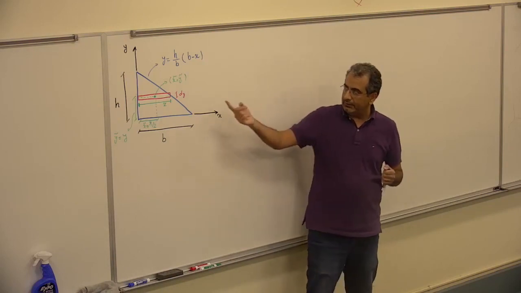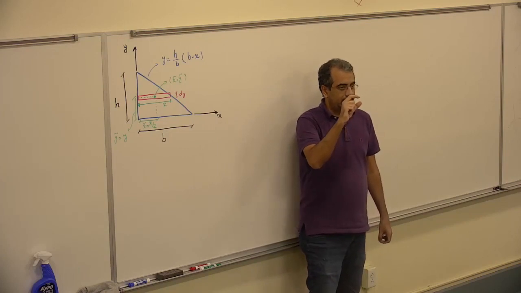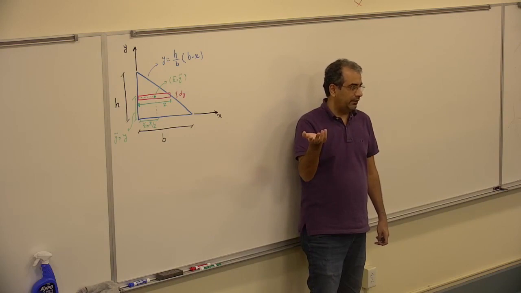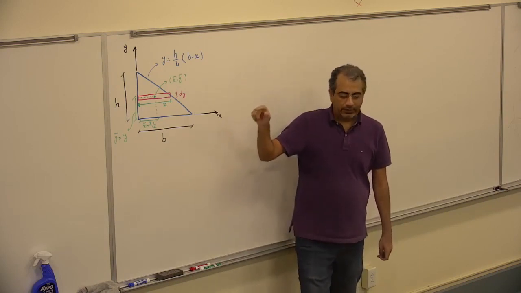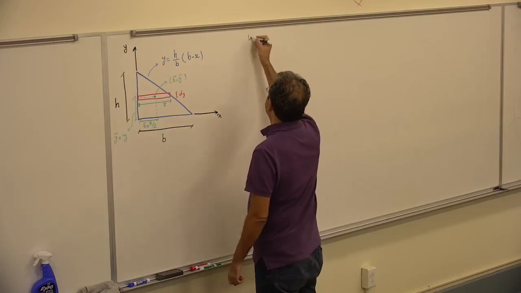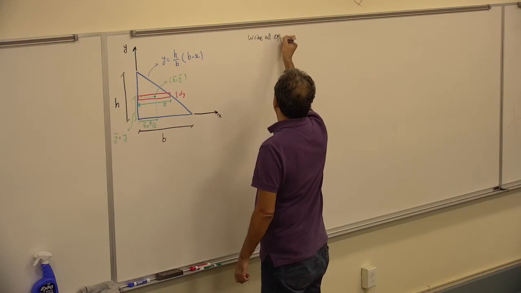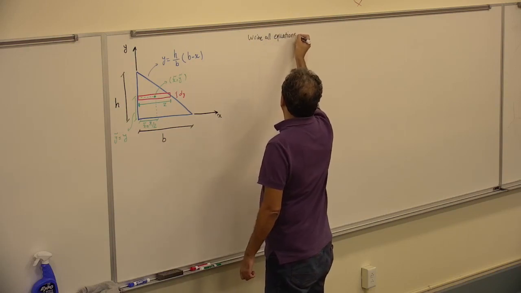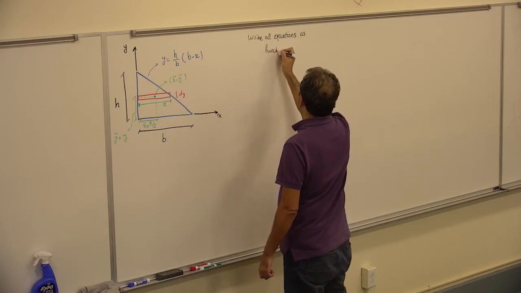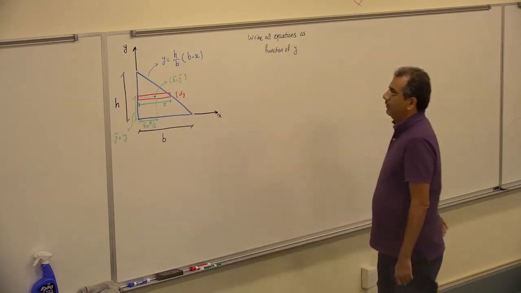Look here, my element has a dy in it, so I have to write all the equations as a function of y, because that's a dy.